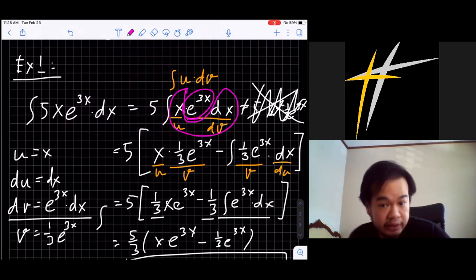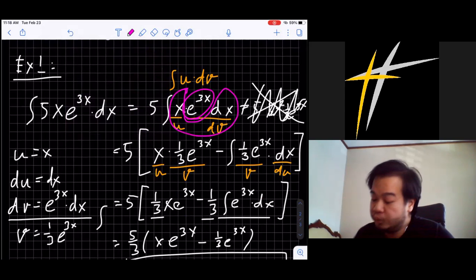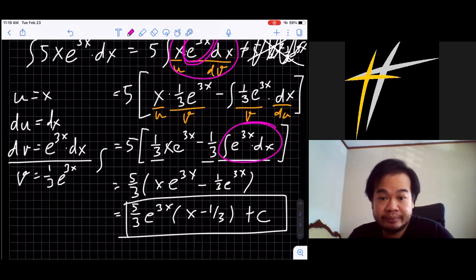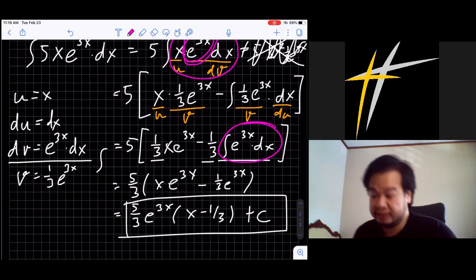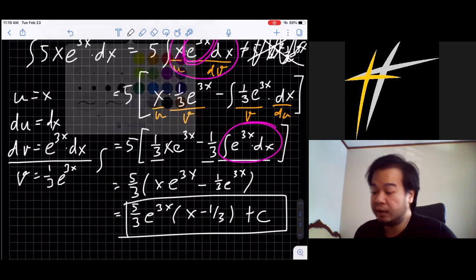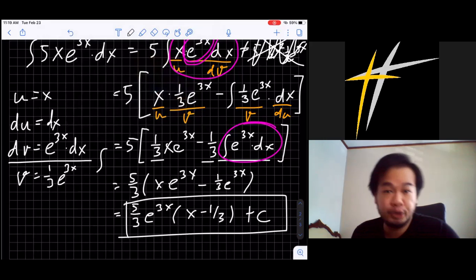Of course, you may do that also. But the problem is, if you do that, then you will get a more complicated result on the next step. You may try if you don't believe me. So then, how do we choose the u and the dv correctly? There is a criteria that I want to show you.